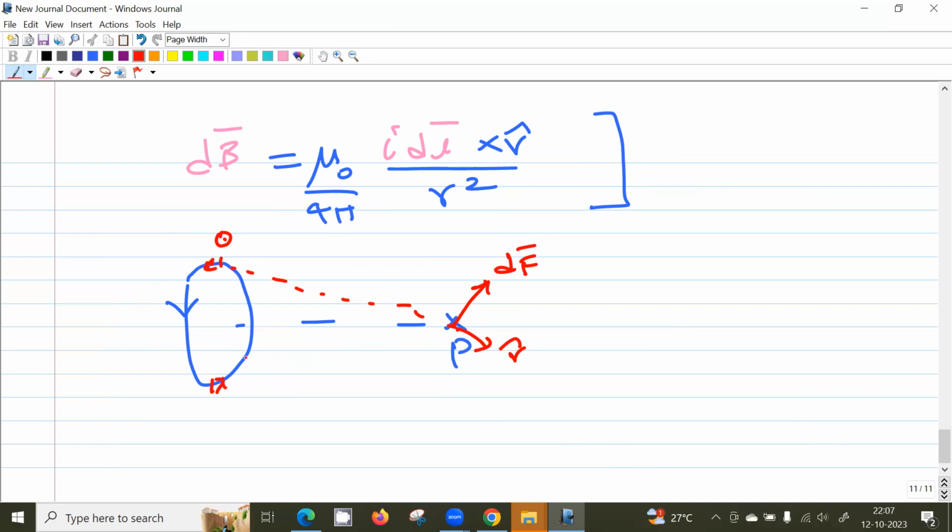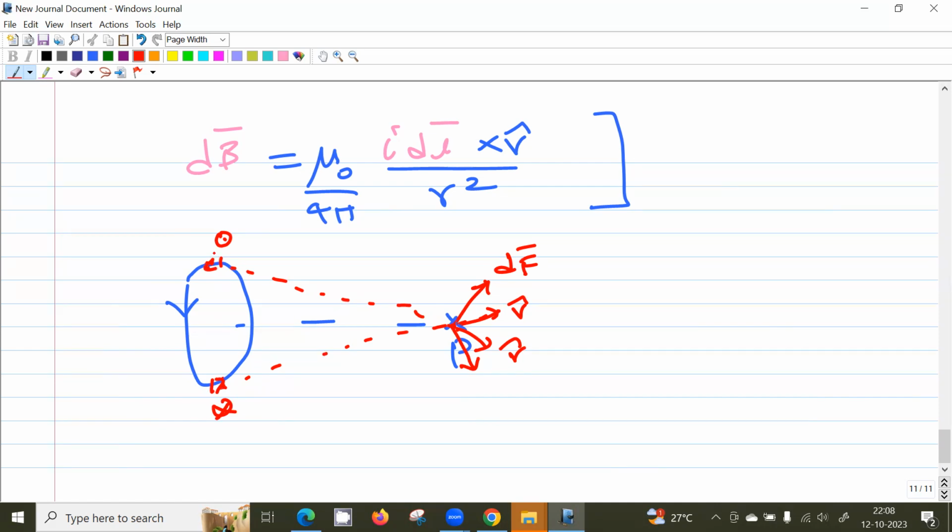Similarly, if I take the element which is diametrically opposite, this is the r cap of the element at the bottom. This is a circular loop perpendicular to the plane of the paper.